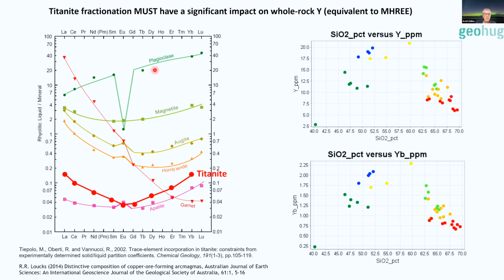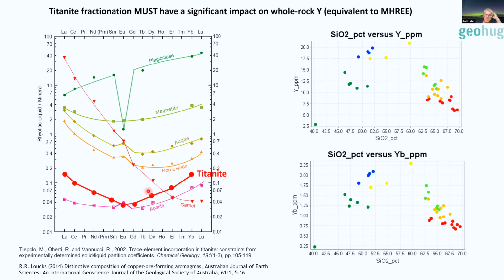So what this tells you is that plagioclase doesn't take up any of the rare earth elements except for europium. As we come to lower and lower coefficients down in here, it means that more and more of these elements are substituting into these minerals. And I've plotted the experimental results on here for titanite.